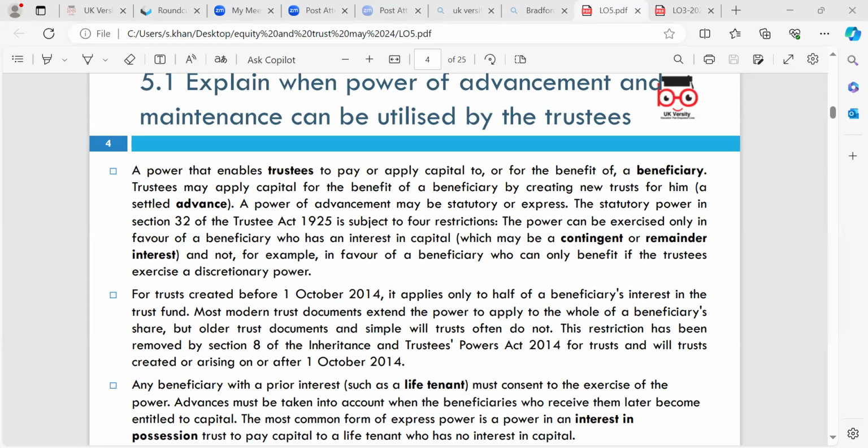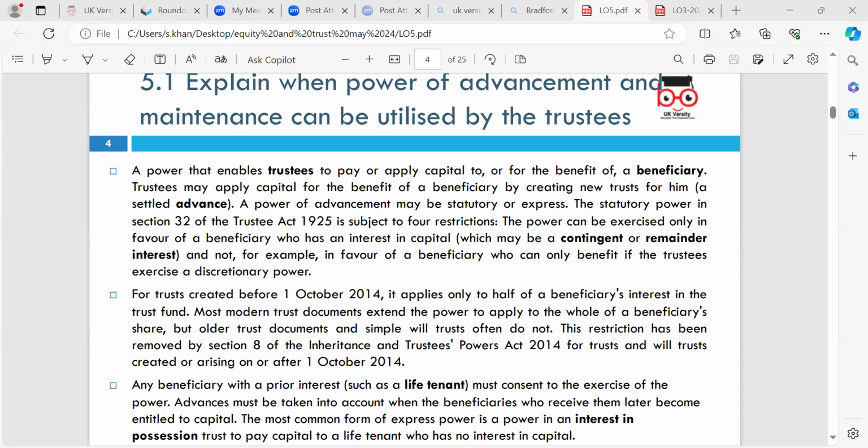It's also really important to note that the power of advancement is a discretionary power. It's totally up to the trustee's own discretion whether they make an advancement or not, or on what terms, within the bounds of what the law allows. No beneficiary can compel the trustees to exercise this power in their favour. The advancement or benefit: the trustees can advance capital for a beneficiary's advancement or benefit.